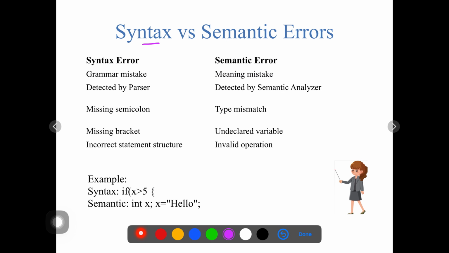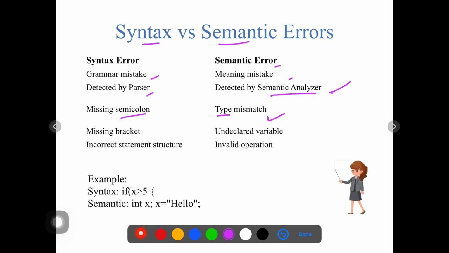Syntax versus semantic errors. A grammar mistake is a syntax error. A meaning mistake is a semantic error. Syntax errors are detected by the parser; semantic errors are detected by the semantic analyzer. Missing semicolon is a syntax error. Type mismatch is a semantic error.